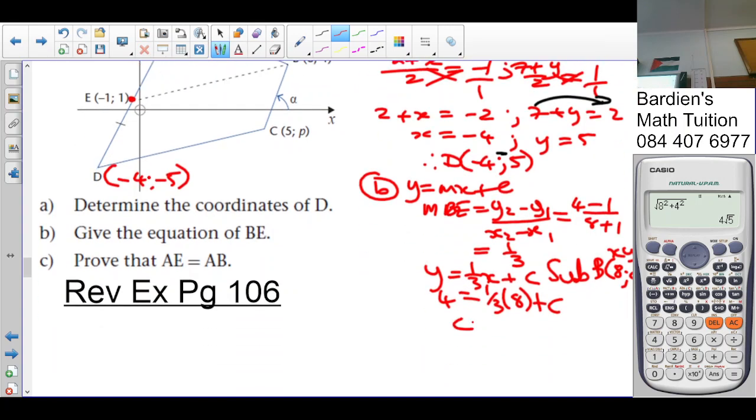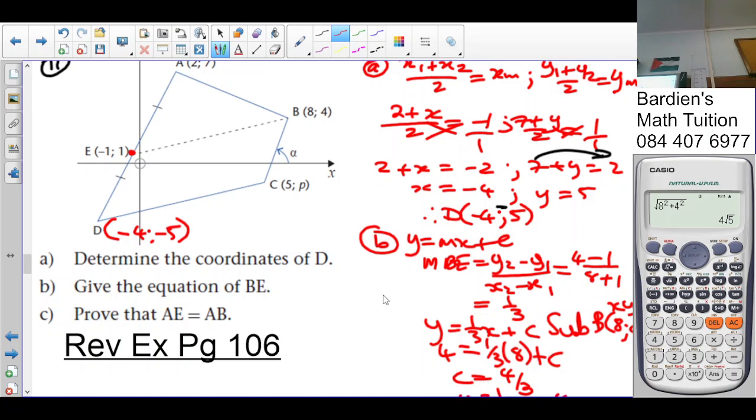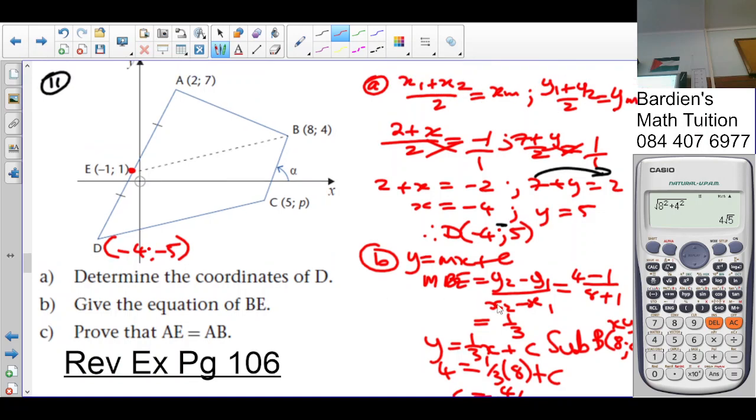Is that correct? No, 4 over 3. So y is equal to a third x plus 4 over 3. You all agree with that?